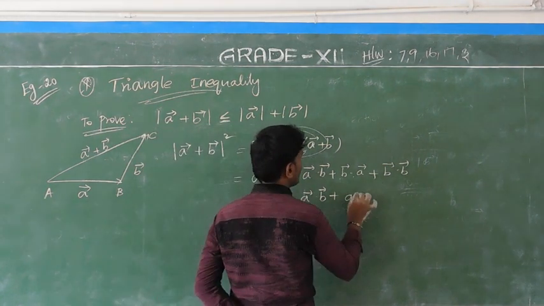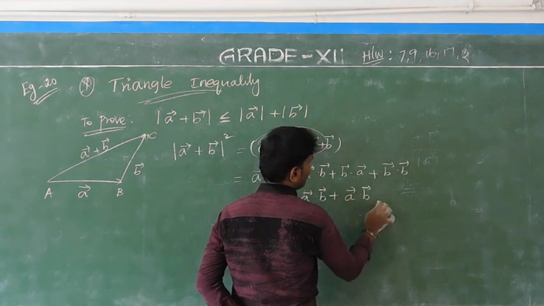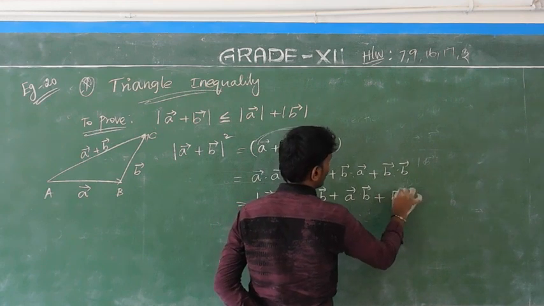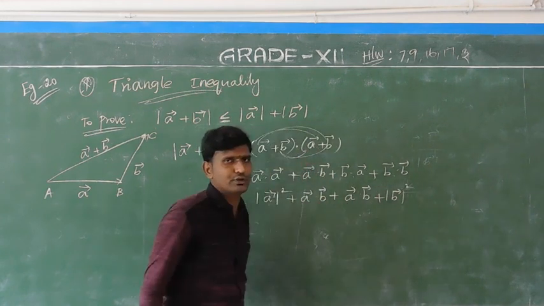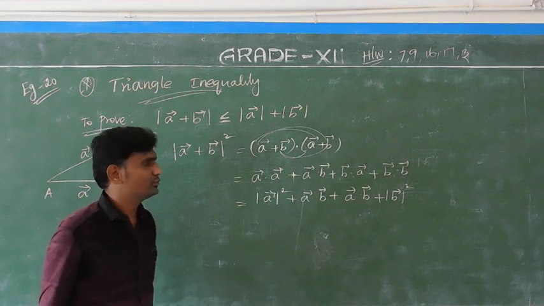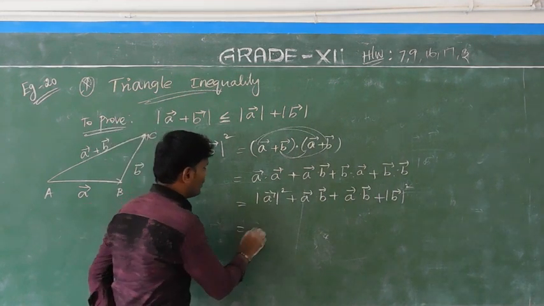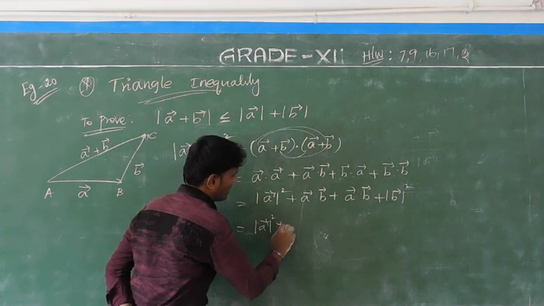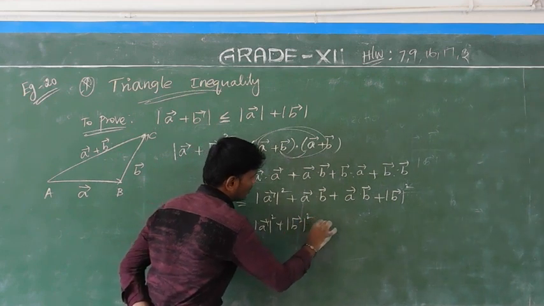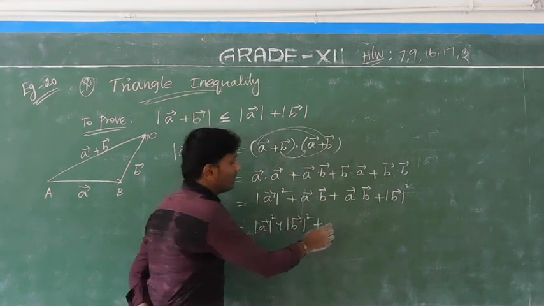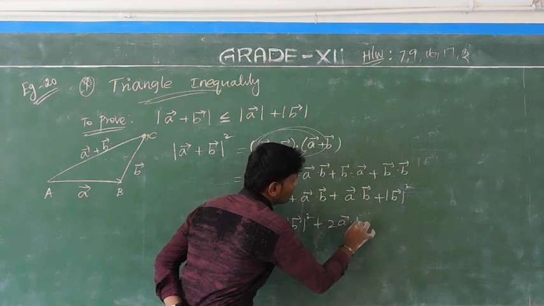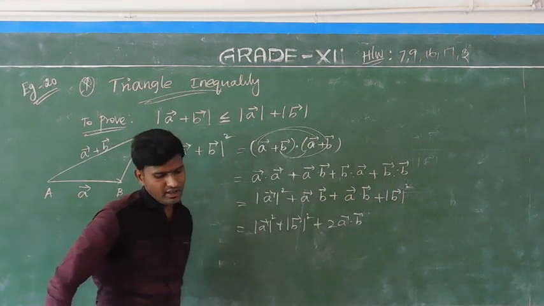So this also I am taking as A dot B. Then B dot B means modulus of B vector the whole square. Have you got it, children? Now modulus of A the whole square plus modulus of B the whole square plus A dot B plus A dot B, that is 2 into A dot B.